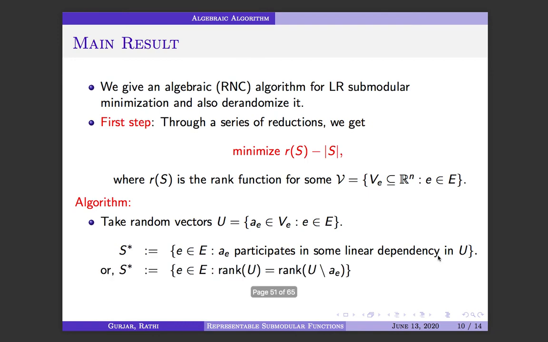Or equivalently, you can define S star to be the set of all elements e in the ground set such that the rank of U is the same as the rank of U minus ae. Now, finally, our claim is that this set S star we constructed is a set which minimizes our function r of S minus S, and this finishes our algorithm.